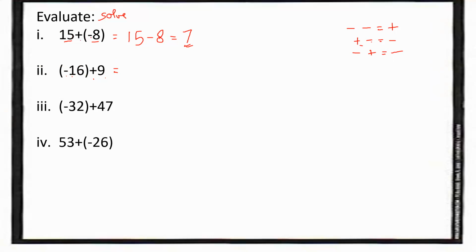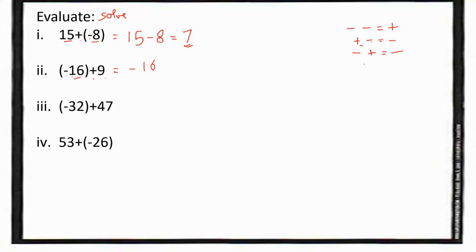Before, we changed both because they were near. Here there is a number between them, so we will not change. You can understand it in this way. This will be -16.